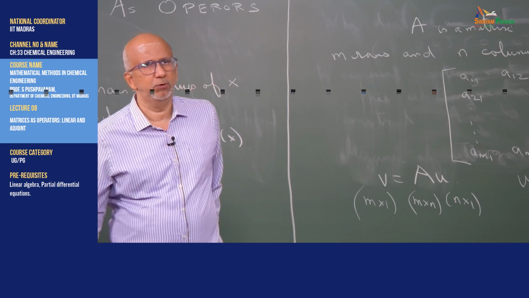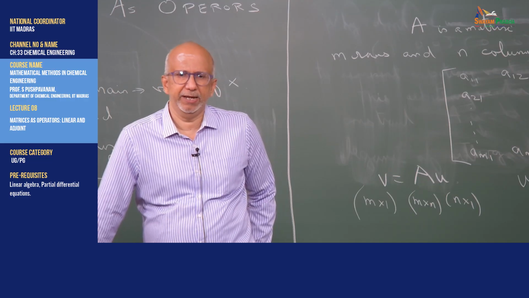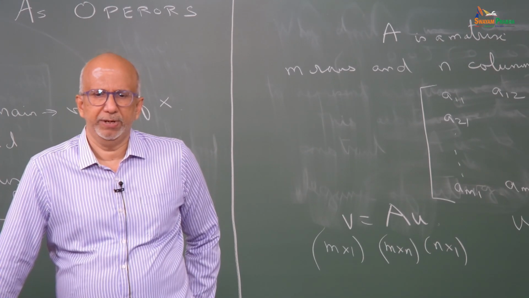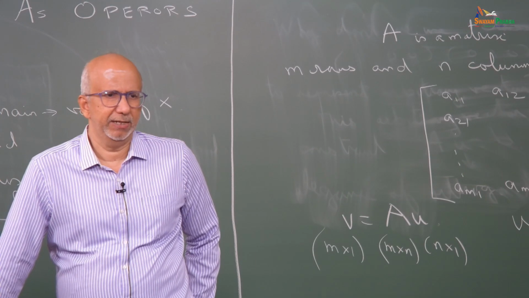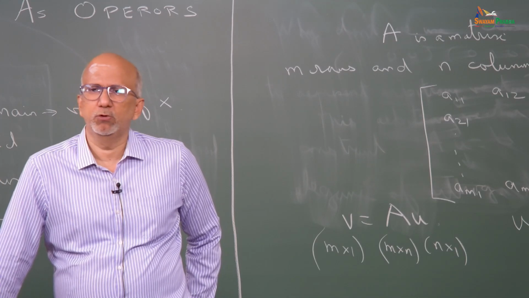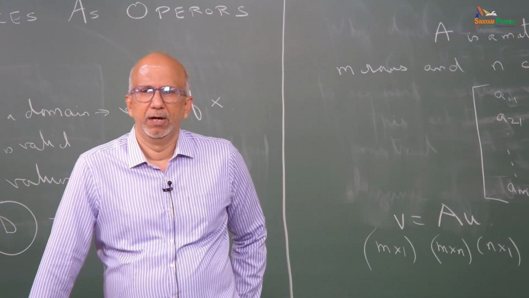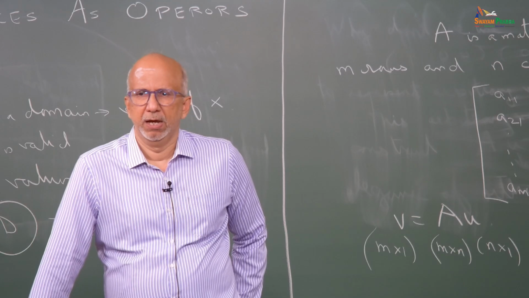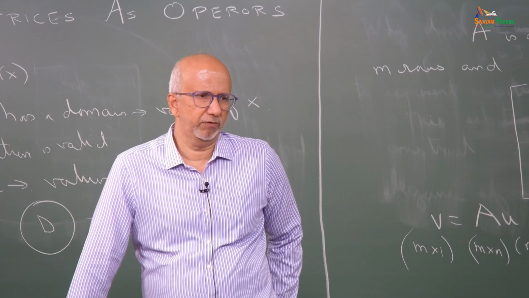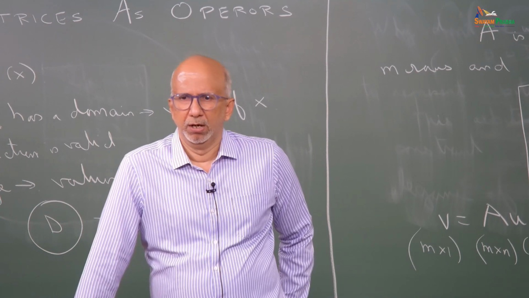Now, normally you are used to discussing a matrix A in terms of things like rank of a matrix, determinant of a matrix, and then talk about the properties. Okay. But we want to move out of that kind of thought process, because I want to be able to generalize it, because if I only talk about rank of a matrix and all that, I will be restricted only to matrices.